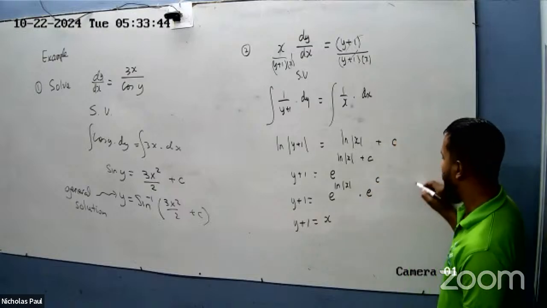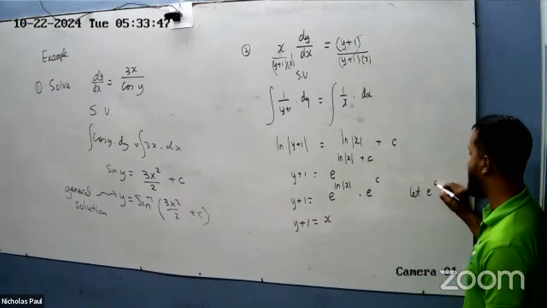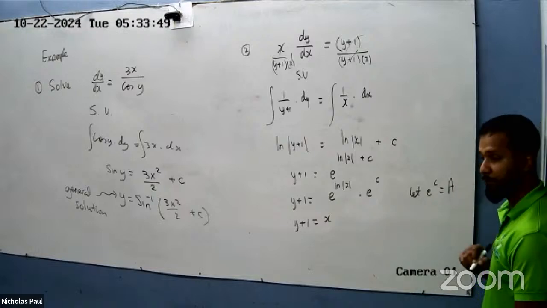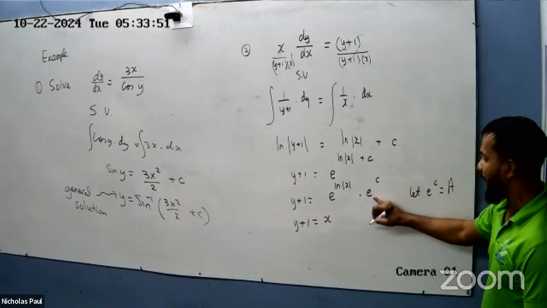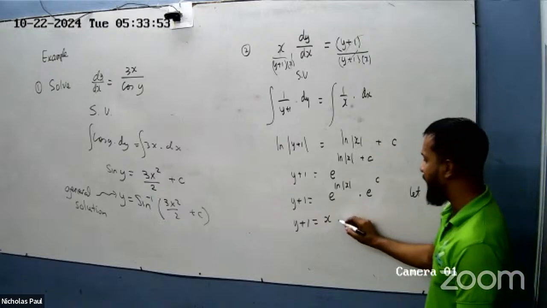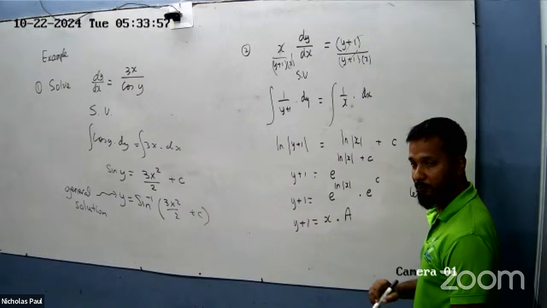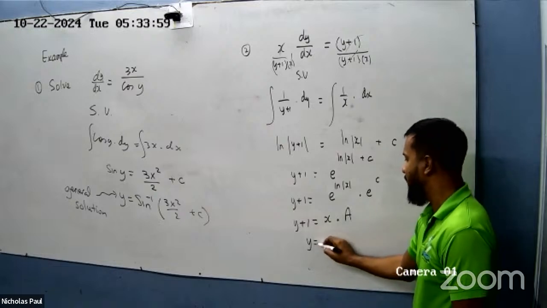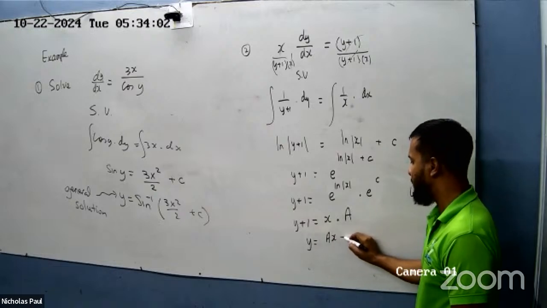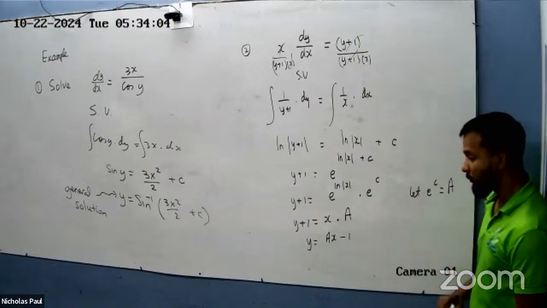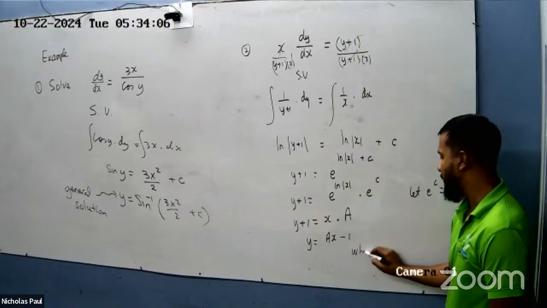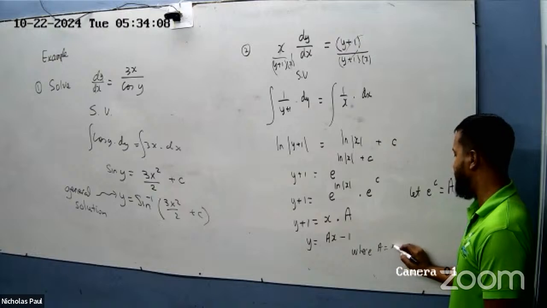Here we can let e to the c be some constant a. So what we have here is x multiplied by a, and we'll be left with y is equal to ax minus 1, where a is e to the power c.